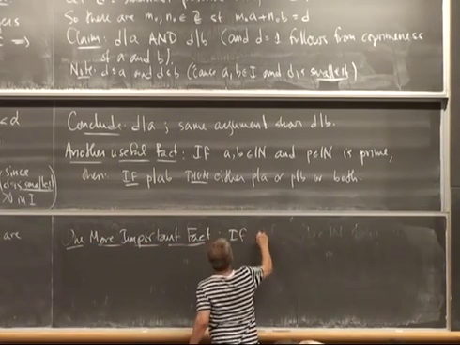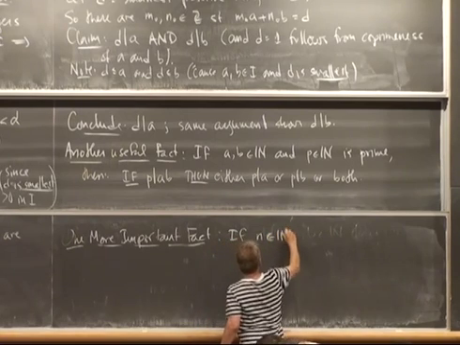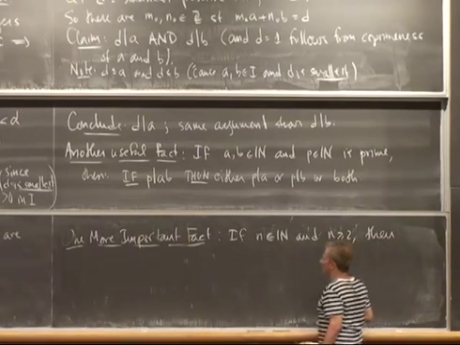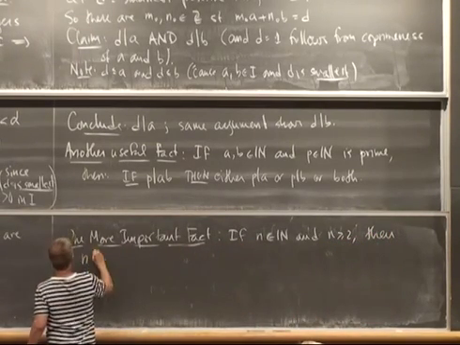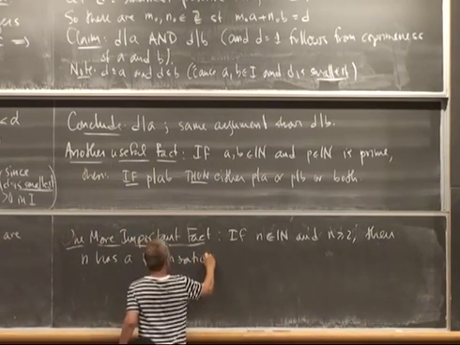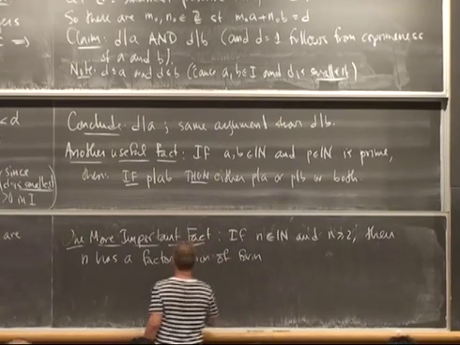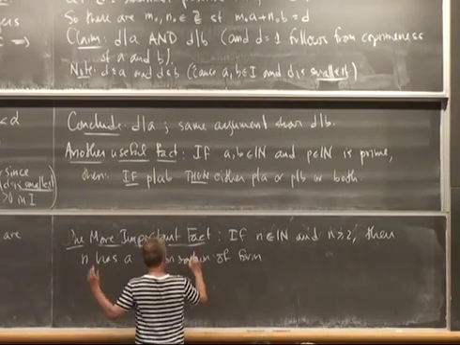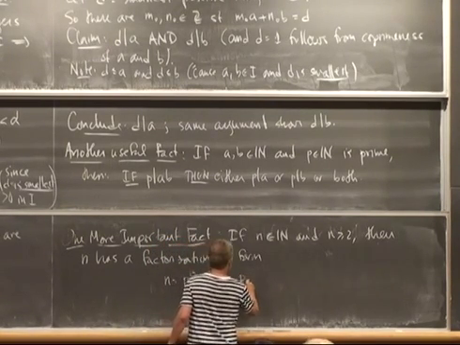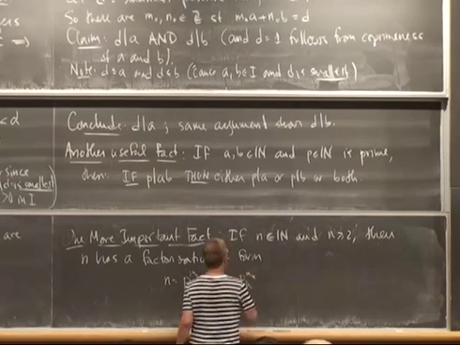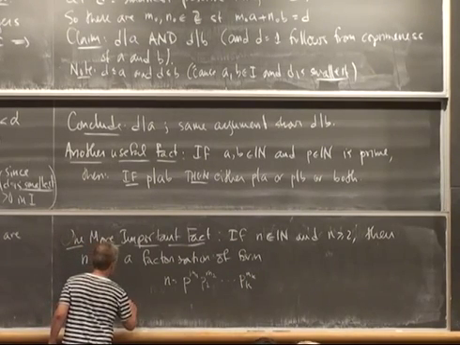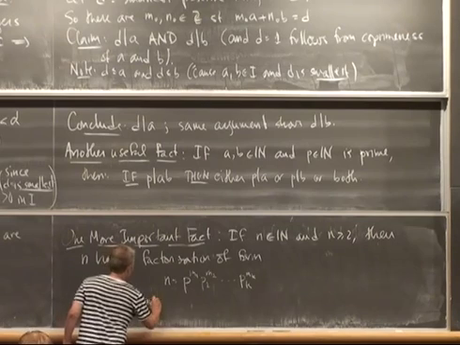If n is any natural number bigger than or equal to 2, then n has a factorization of the form n equals p1 to the m1, p2 to the m2, up through, say, pk to the mk, where the p's are prime, so pj is prime for all j.